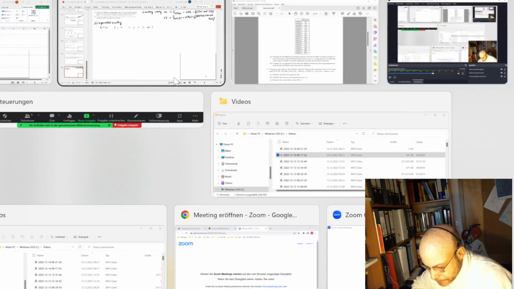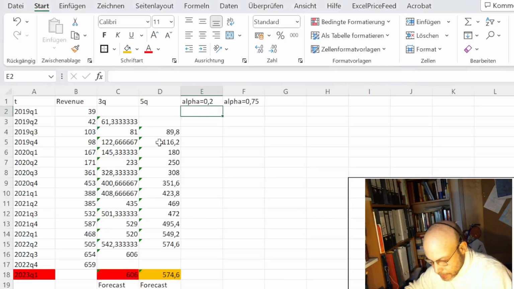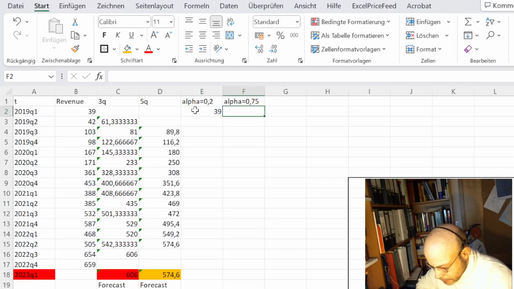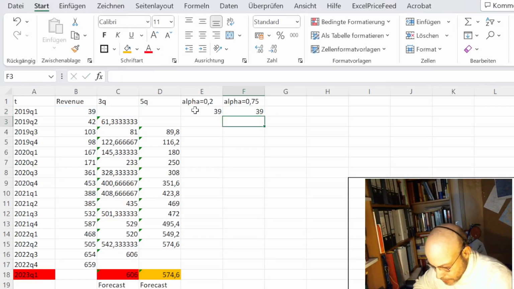Then the first value is just our value of our time series. So we obtain here 39, and here also 39.